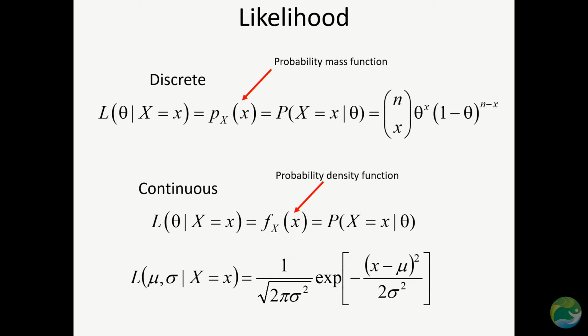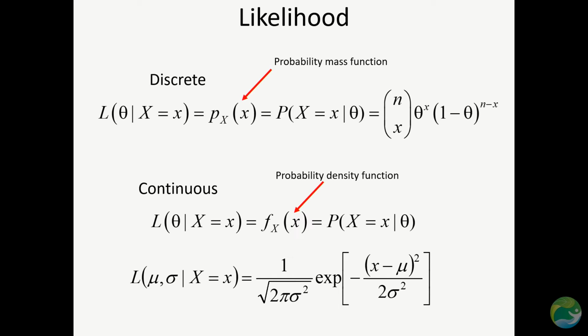Given the observed data, what is the likelihood of different theta? You use P and F for the discrete variable, so lowercase p. This is the likelihood.